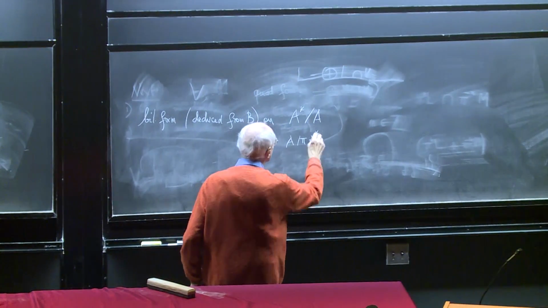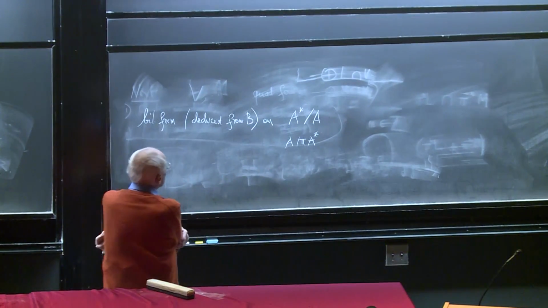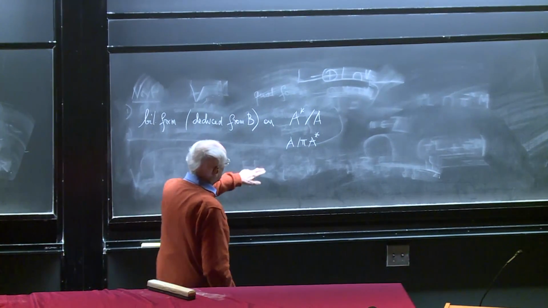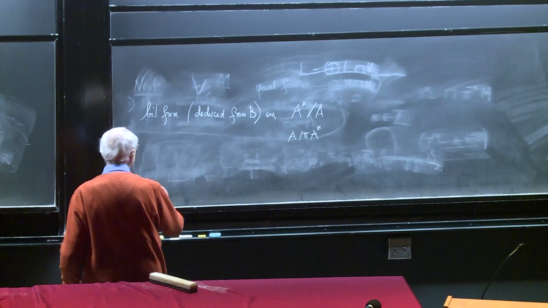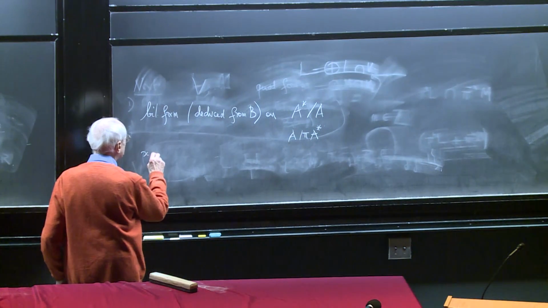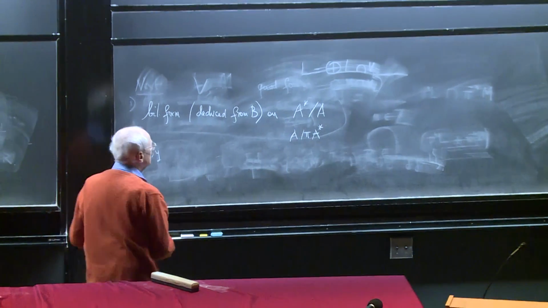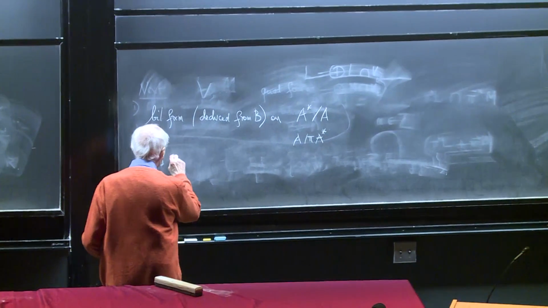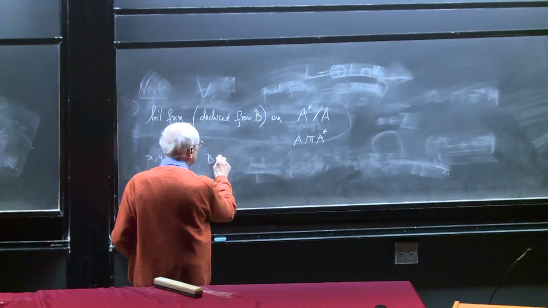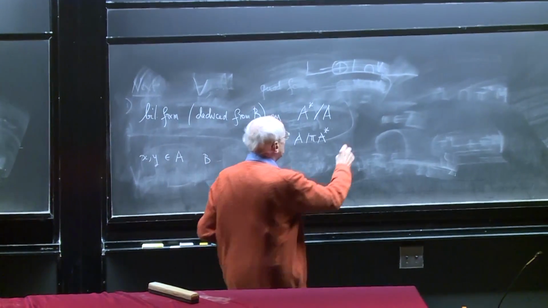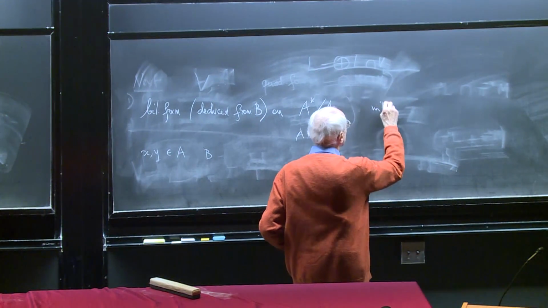Now, can I remember the formula for this one? Yes, the formula for this one is the following. You take two elements x and y in A, and you take B, a bilinear form with values in little k, of course.